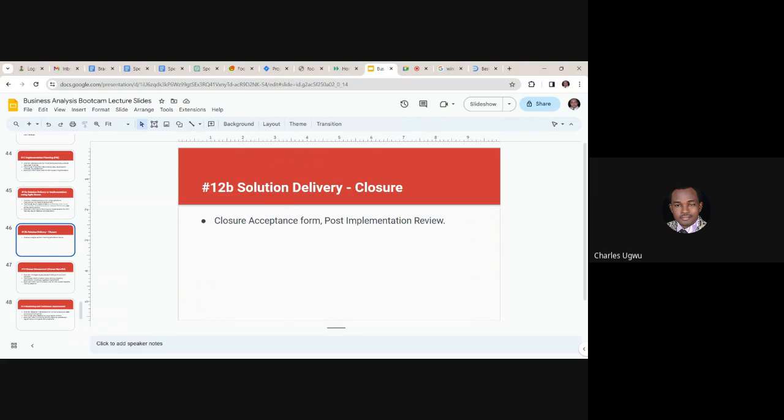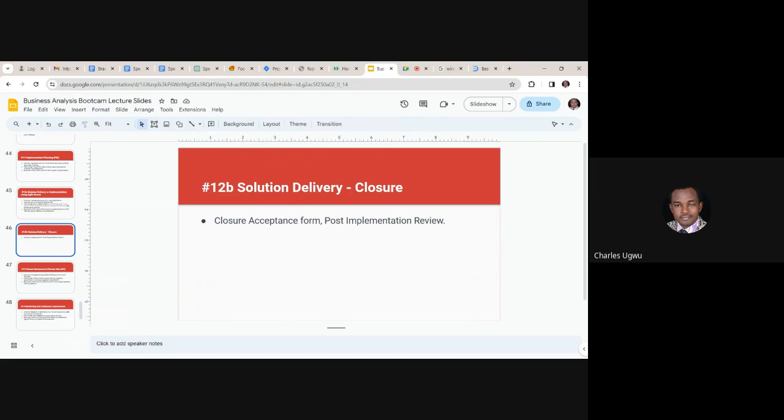If you are working with an external vendor, a client or a customer, you need to give them an acceptance form to sign, showing the acceptance of the solution you and your team have developed and deployed.